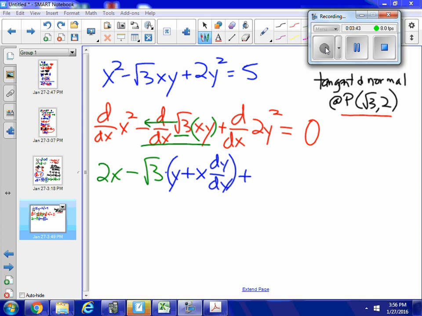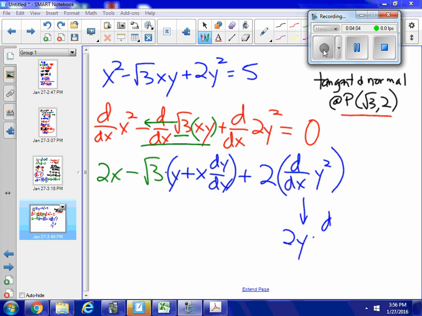I can pull the 2 through, so it's 2 times the derivative with respect to x of y squared, which is 2y dy/dx.